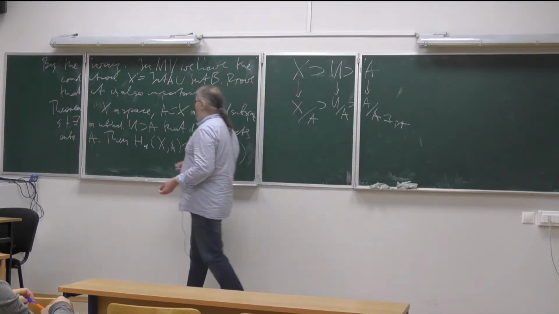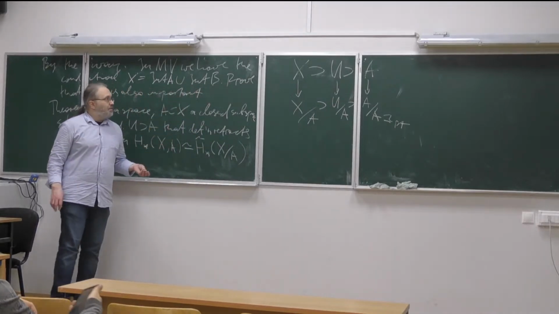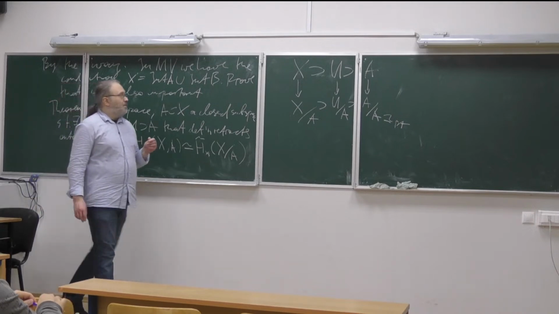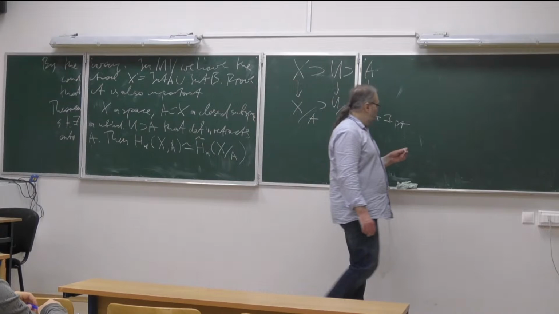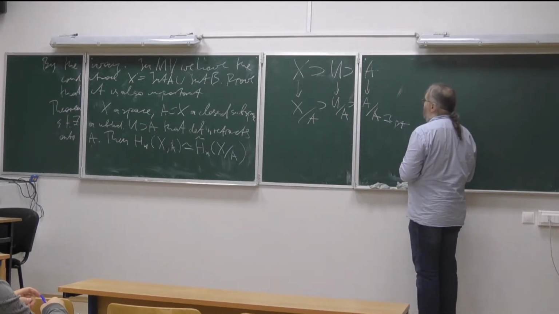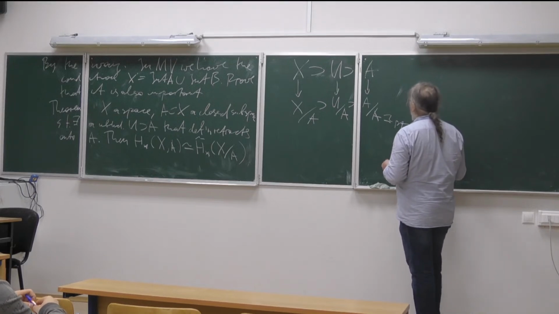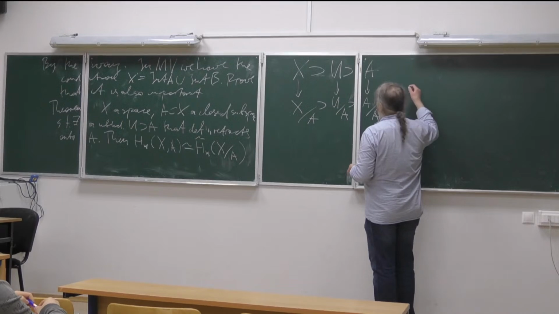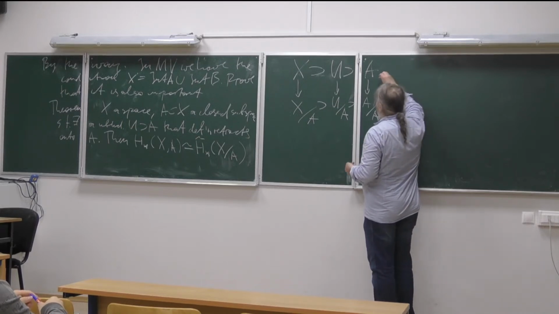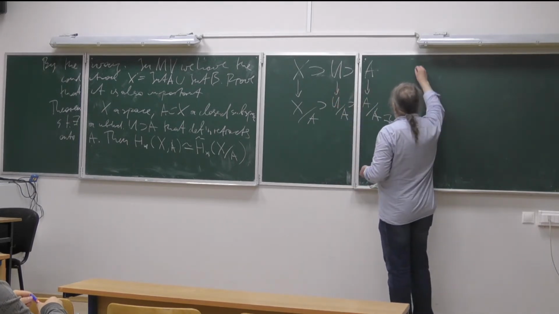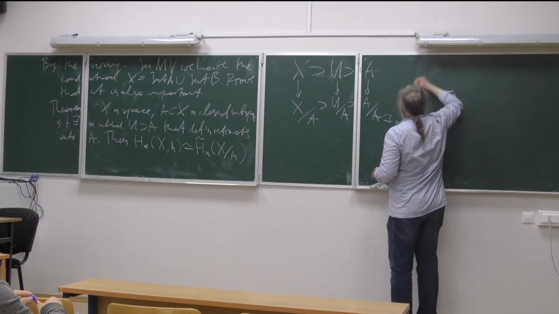And we have this condition that U deformation retracts onto A. Okay, and what else do we have? A is assumed to be closed.